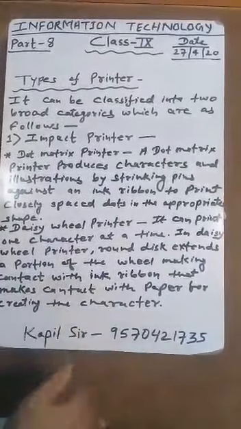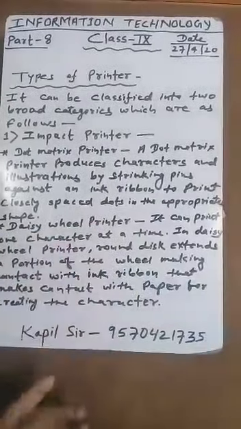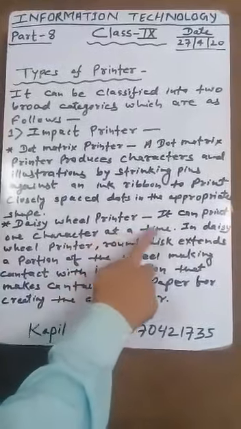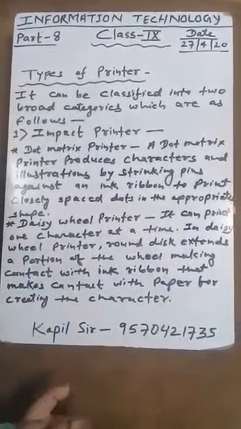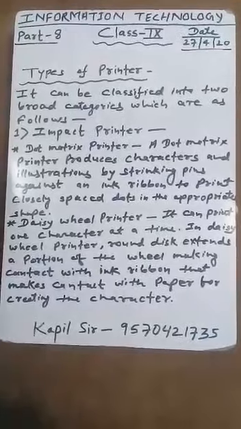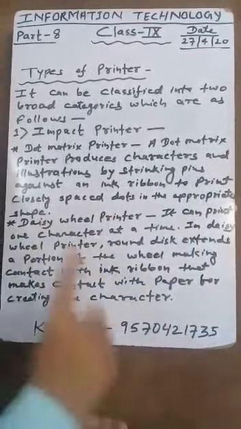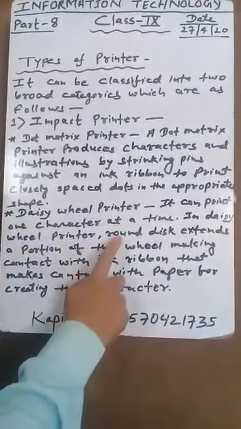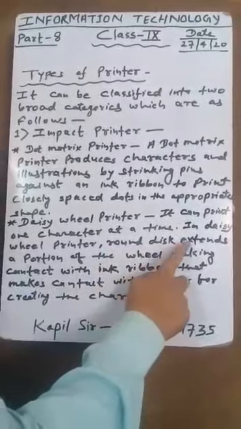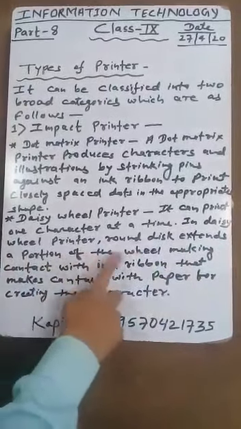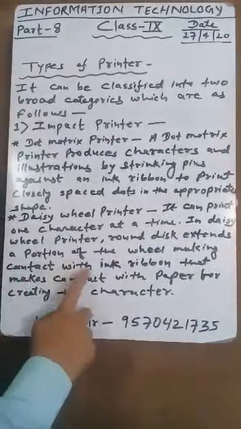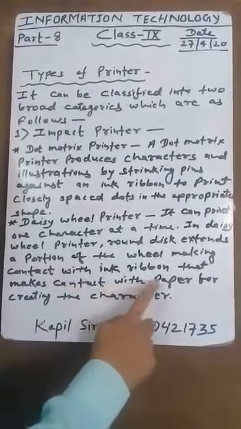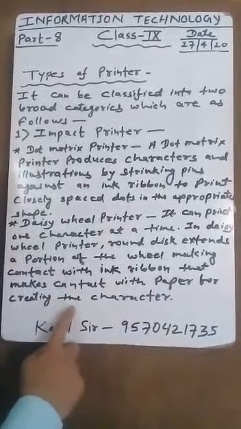Next is the daisy wheel printer. It can print only one character at a time. In a daisy wheel printer, a round disc extends a portion of the wheel, making contact with the ink ribbon that makes contact with the paper, creating the character.